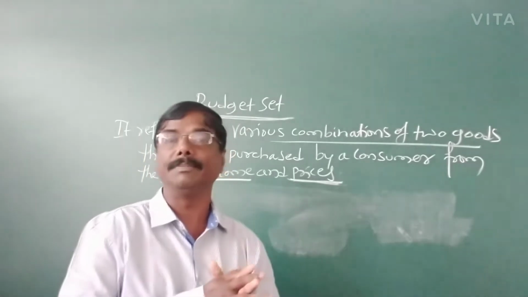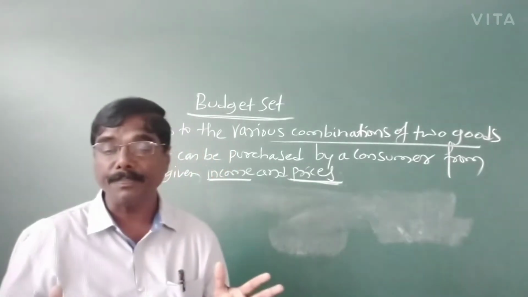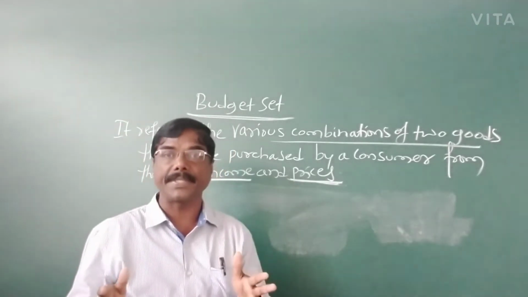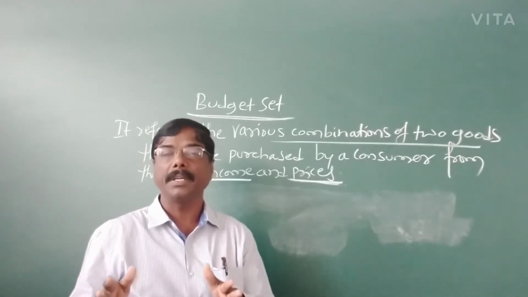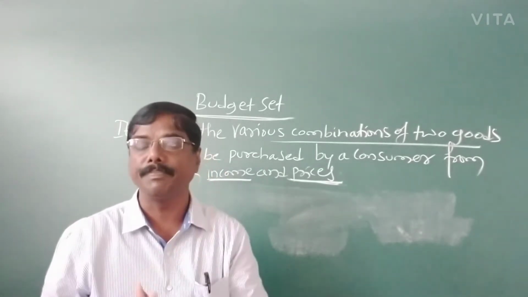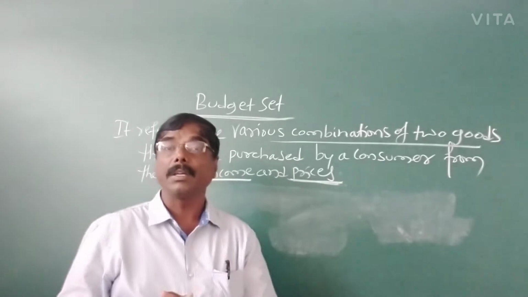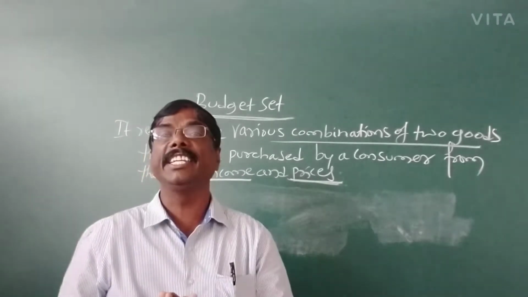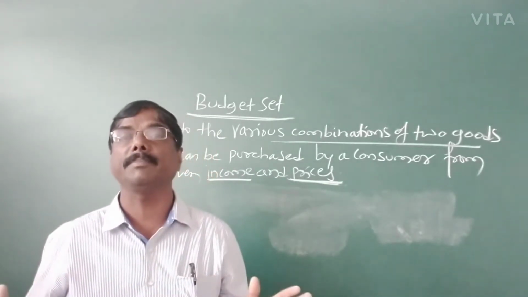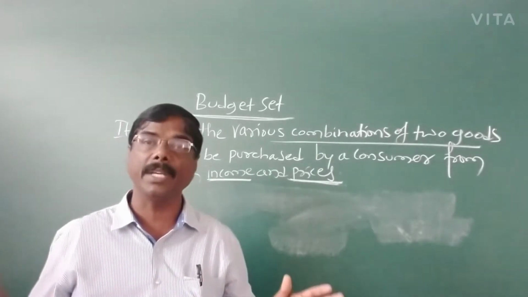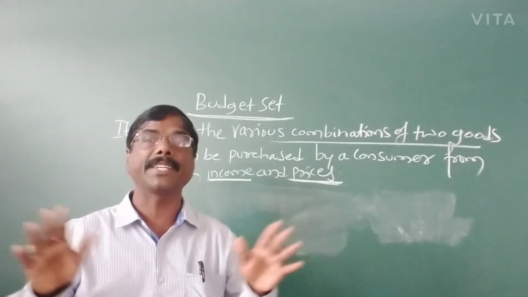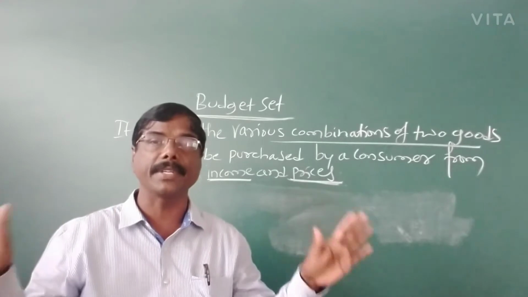Here it is assumed that the income of the consumer remains the same. There is no change in the income of the consumer, and the prices of the two goods also remain the same.